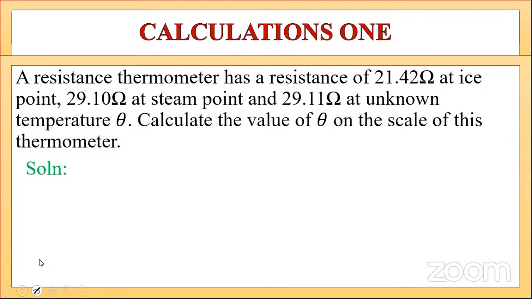A resistance thermometer has a resistance of 21.42 ohm at ice point, 29.10 ohm at steam point, and 29.11 ohm at an unknown temperature, theta. Calculate the value of theta on the scale of this thermometer.